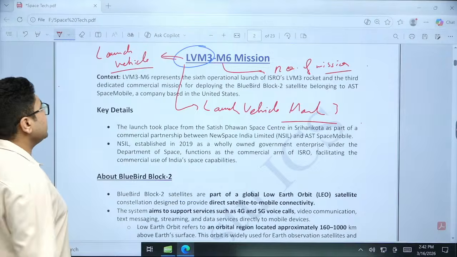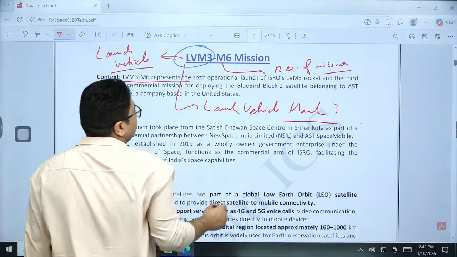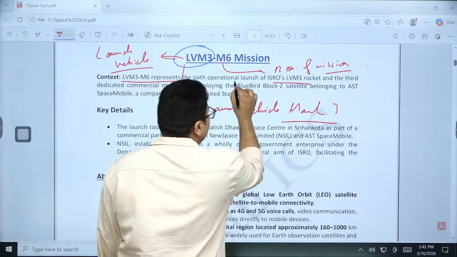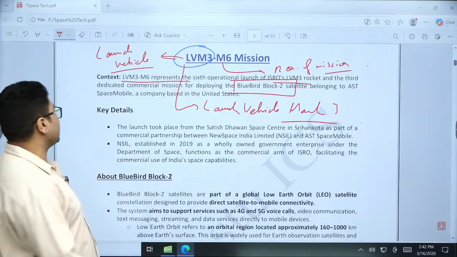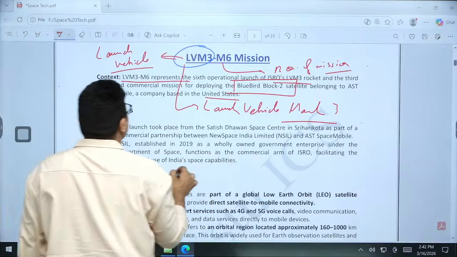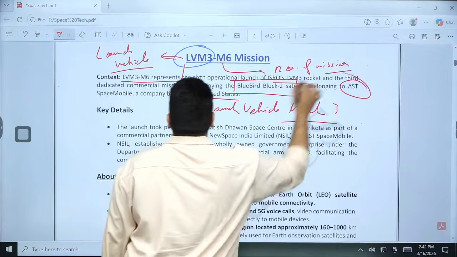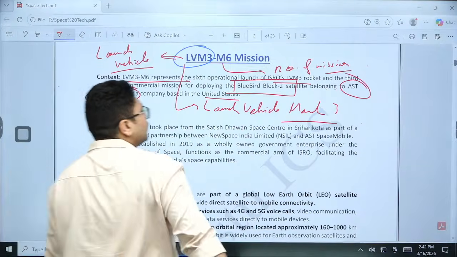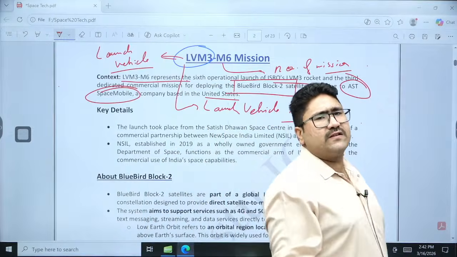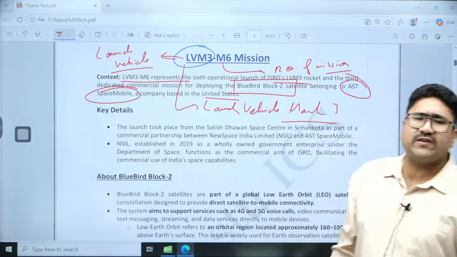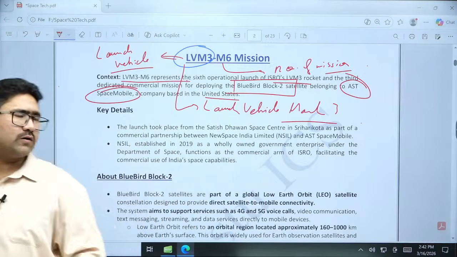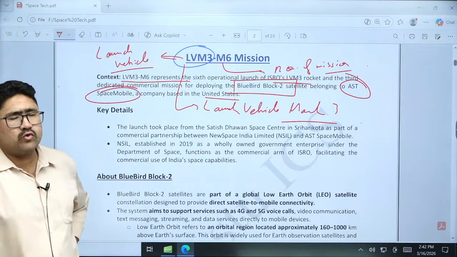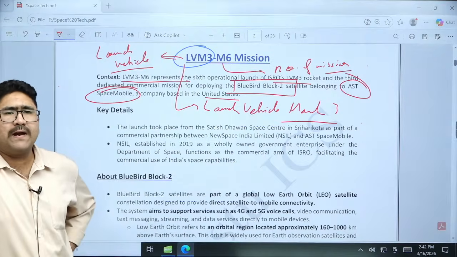So the latest LVM3 M6 mission represents the sixth operational launch, in which it has launched the Bluebird Block 2 satellite, which belongs to a private company of the USA known as AST SpaceMobile. So AST SpaceMobile is a private space company of the USA which has manufactured a satellite. The name of the satellite is Bluebird Block 2, and it has been launched by India.